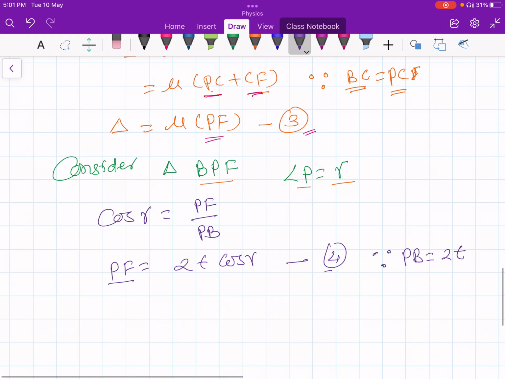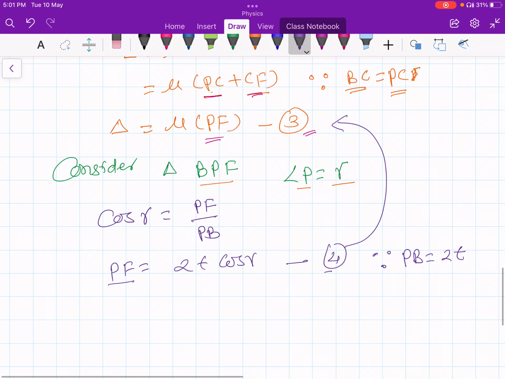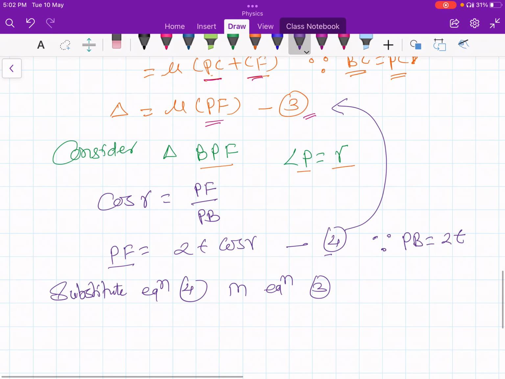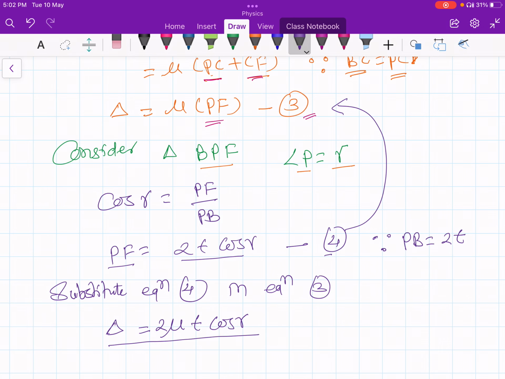Now I will substitute equation 4 in equation 3, and I get optical path difference delta is equal to mu times 2t cos r. So I will write 2 mu t cos r is the optical path difference.